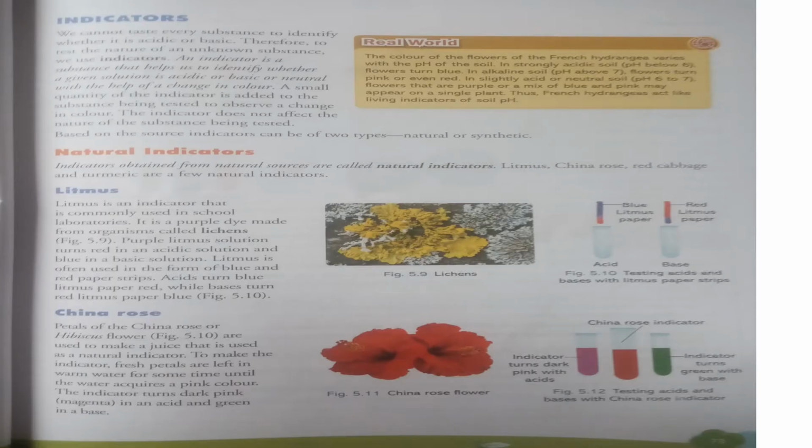Hello students of class 7, let's continue our chapter acid, base and salt. And today we are going to learn about indicators. Indicators are substances which indicate to us whether the medium is acidic or basic.